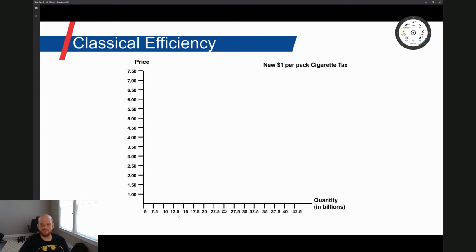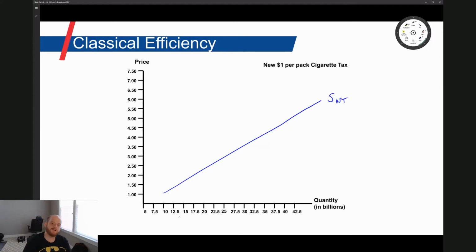this example. So we have this fictional market where we're going to talk about cigarettes, right? And in our fictional market, we have a supply curve that looks like this, right? We're going to say supply, no tax.